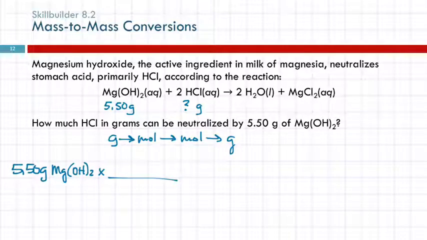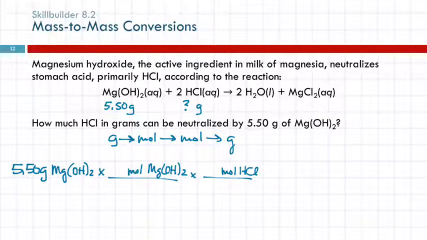times and a line. I'm going from grams to moles. It's going to be moles of the same thing, because we can only change one thing at a time. I'm changing the unit from grams to moles, but I'm still talking about the same compound. Next is moles again. So this is moles of what I'm trying to find. Here I'm keeping the unit the same, and I'm changing the compound that I'm talking about.